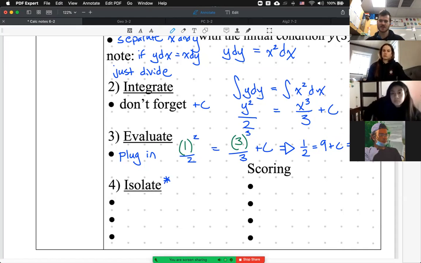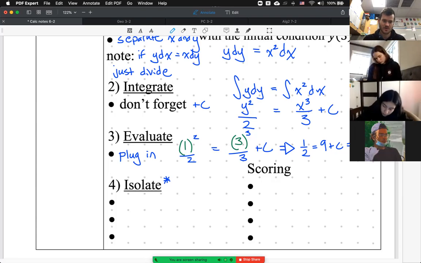So 1/2 minus 9 is? 4.5. Not quite. Think of 9 minus 1/2 and just make it negative. If I have $9 and I pay you 50 cents, I'm left with how much money? $8.50. Yeah, 8.5. It's negative 8.5 because we subtracted a bigger number from a smaller number.